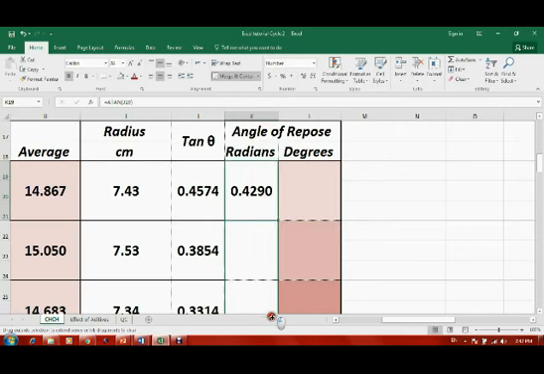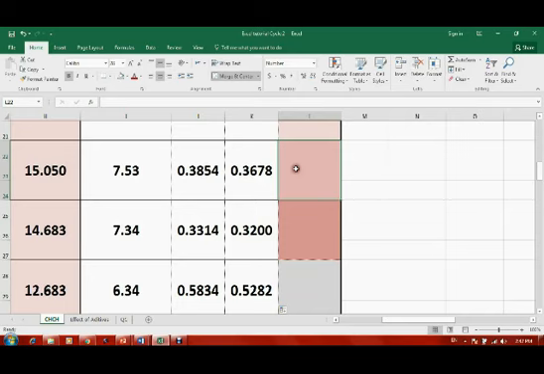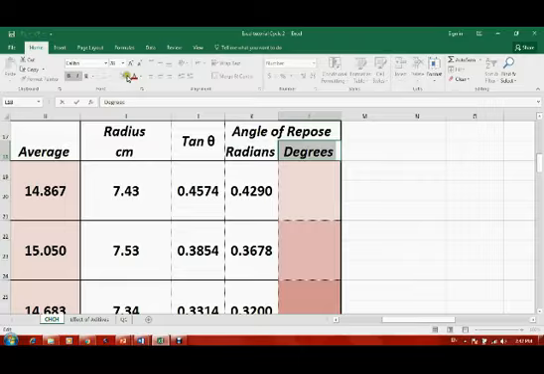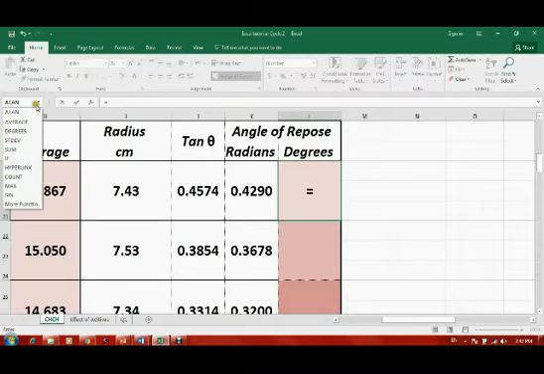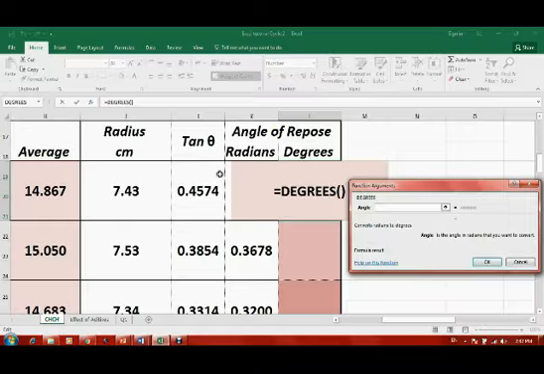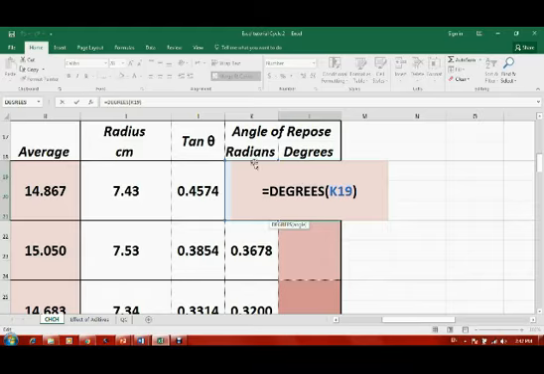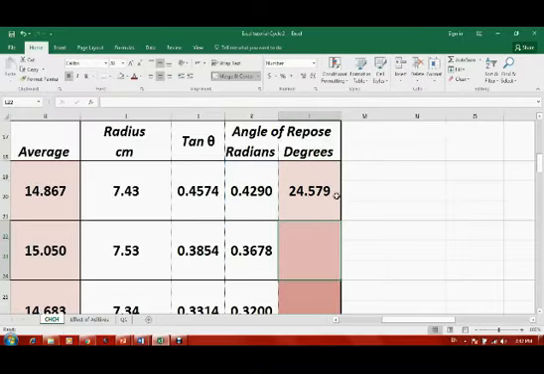Now you can convert it to degrees. Again, use the correct function from Excel, which is degrees, and convert the radians value to the degrees value. This will be much easier for you.